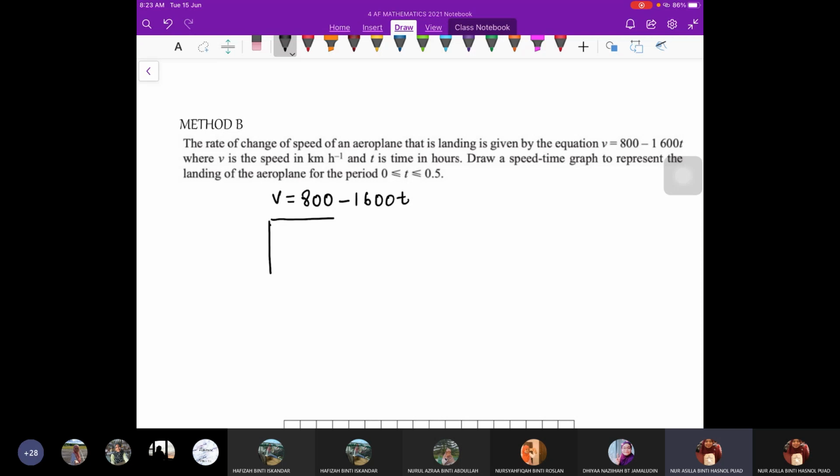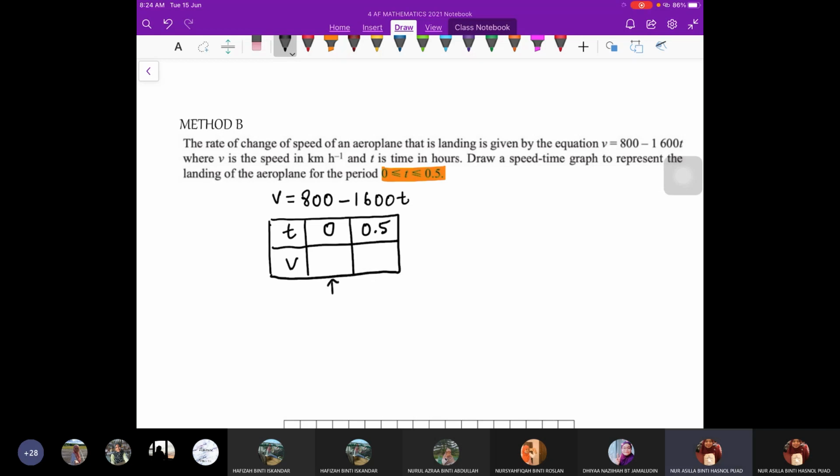Okay, so create a table. When you want to draw a graph, at least 2 points you must have. Because we want to draw a graph. Okay, we start. Time on top, speed at the bottom, V. So since my time is from 0 until 0.5, put T at the minimum 0, maximum 0.5.